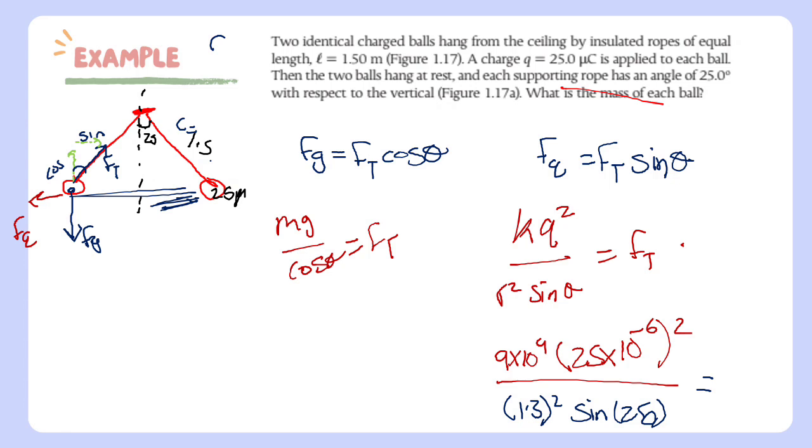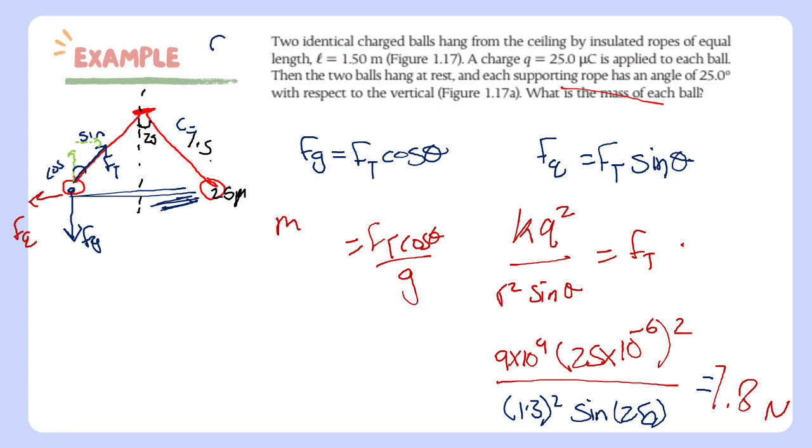Sine 25. That will give us a value of 7.8 newtons, and we can use it in here. Why did I divide it by cosine? Cosine theta divided by g to find the mass.